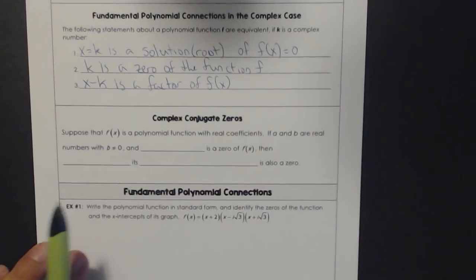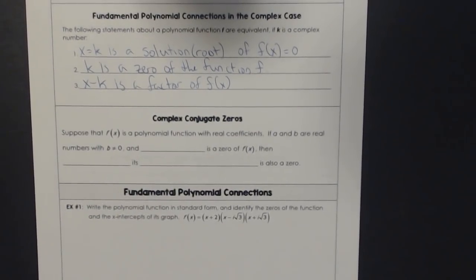Now, if we continue on to the complex conjugates of zeros, suppose f of x is a polynomial function with real coefficients.